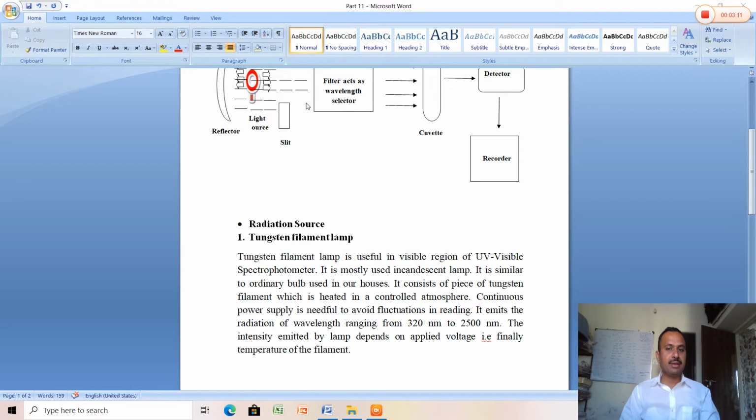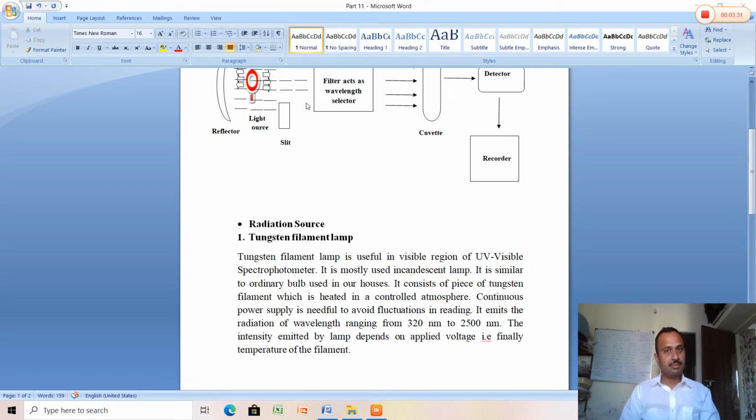The tungsten filament lamp emits radiation of wavelength ranging from 320 nanometer to 2500 nanometer.